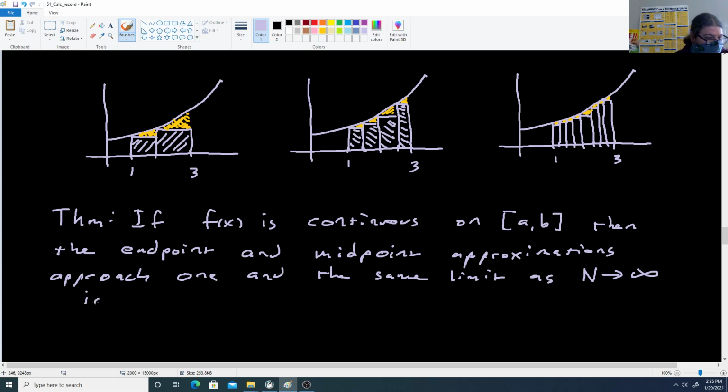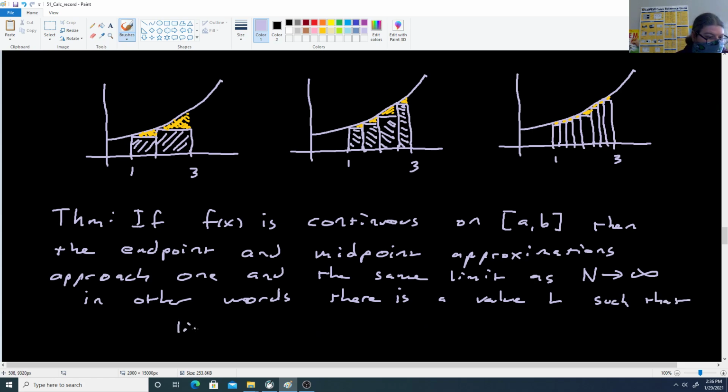So in other words, there is a value L such that the following is true.